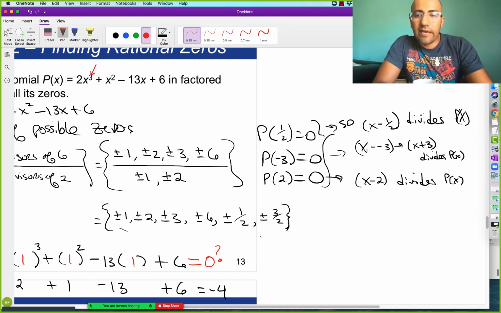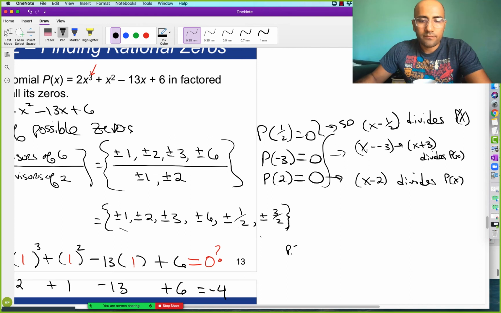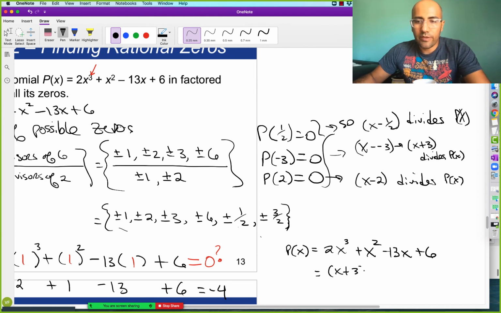But in this case, it just so happens that the actual polynomial p of x, which is equal to 2x to the 3rd power plus x to the 2nd minus 13x plus 6, equals all 3 of these. Because I was looking for 3 of them and I found 3 of them, it must mean that this whole thing equals x plus 3, x minus 2 times x minus 1/2.